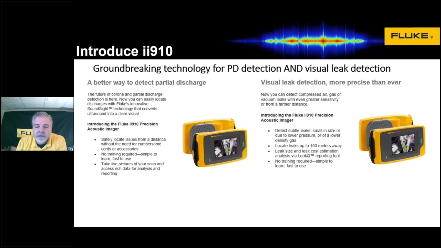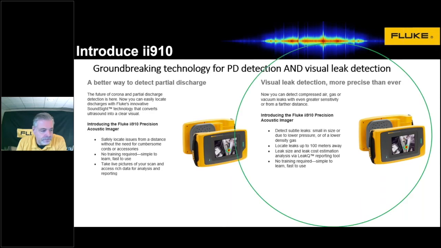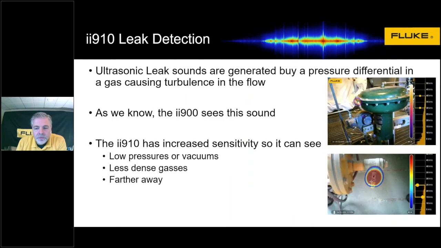So let's talk beyond PD and discuss the visual leak detection side of it on the high sensitivity and low leaks. Typically in the past, people would ask us, what can the ii900 see? And we were able to see, these images are from an ii900, not an ii910, a bellows system that's running at 15 PSI.